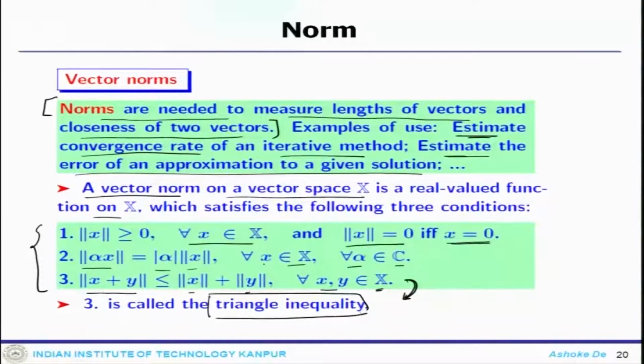Why? Because if you have two vectors x, y, you can always form a triangle. So, this is y, and this could be x plus y.